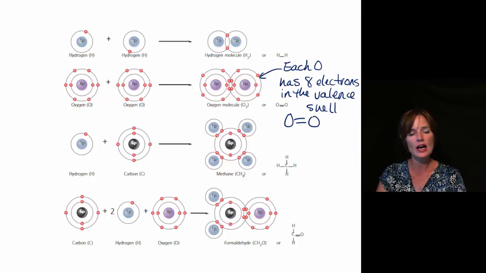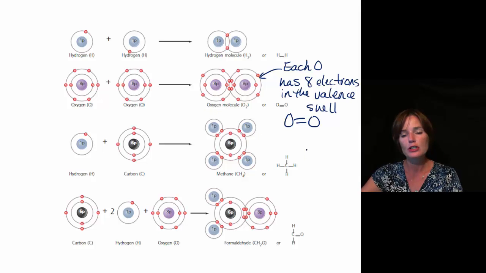In the next one, we have one carbon atom that has 4 electrons that need a partner, or in other words, it needs 4 more electrons to make that full valence shell. The way that it will accomplish that is by surrounding itself with 4 hydrogen atoms. So this molecule shows that carbon is making 4 separate single covalent bonds.